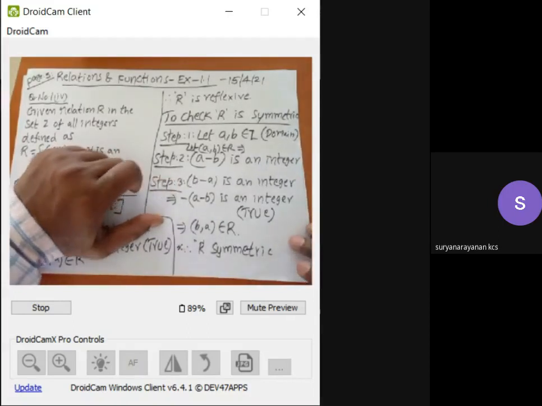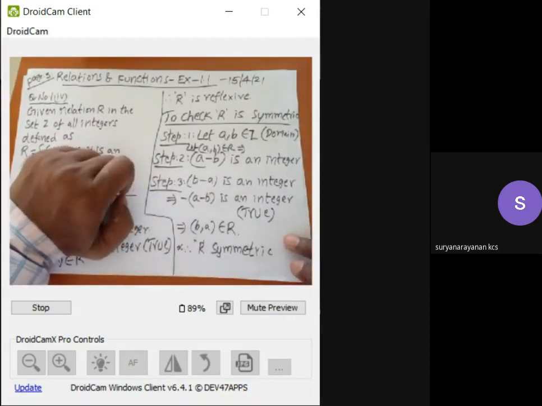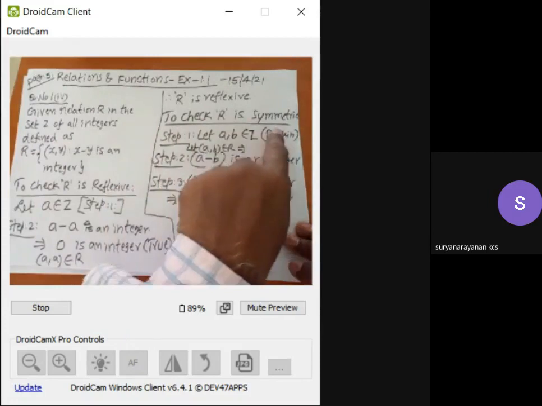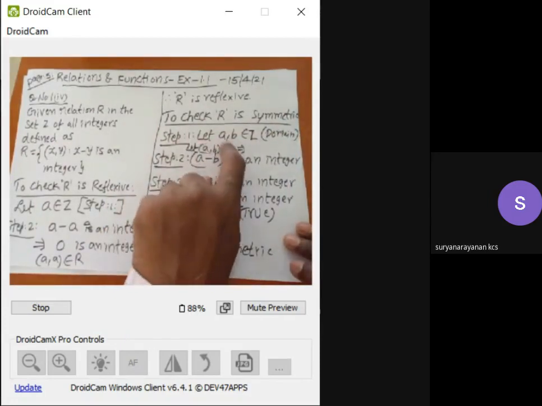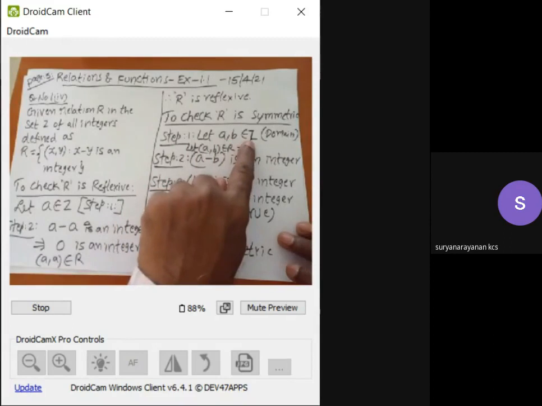I repeat these steps, my dear children, once. Listen carefully to check R is symmetric. First step, we have to choose any two arbitrary elements from the domain, that is integers.